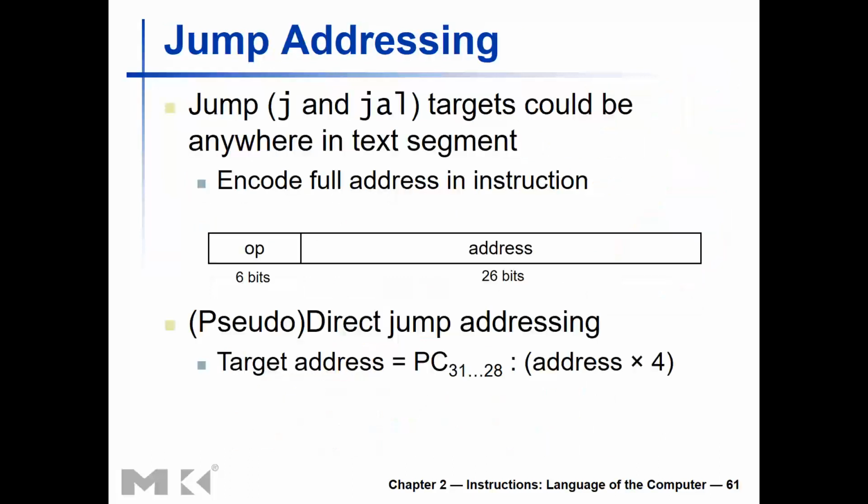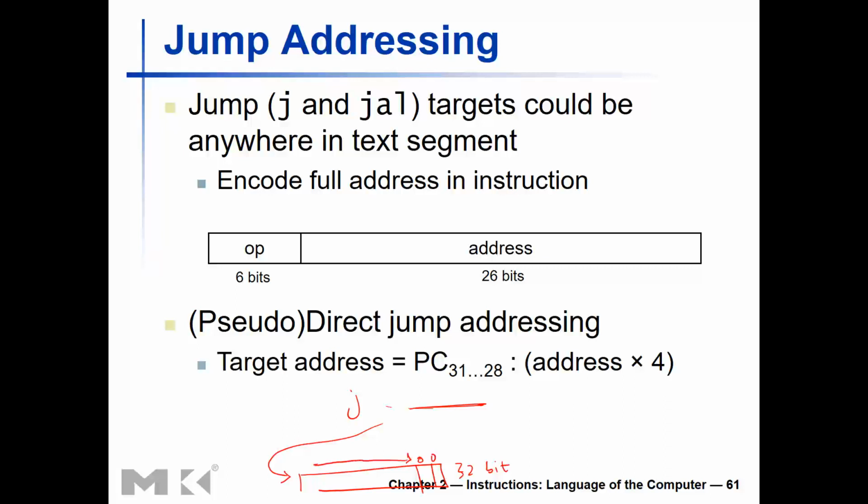In terms of the jump instruction, let's say for example we are doing a jump to some location here, and we can jump anywhere in the memory. This address consists of 32 bits. We know that the least significant two bits are always zeros because it's a word.